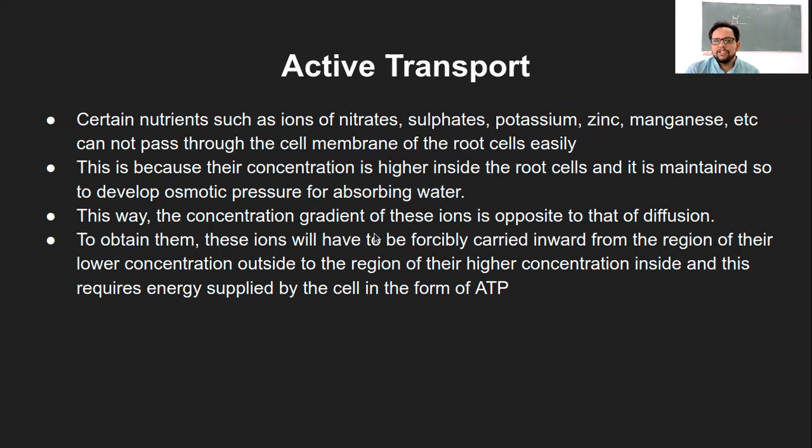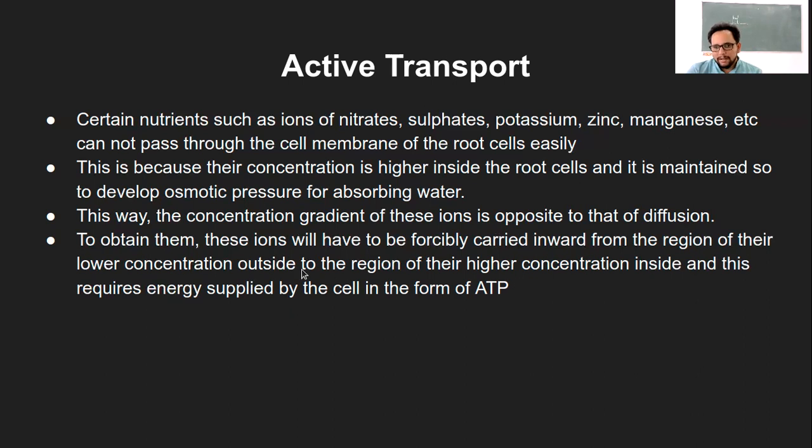This way, the concentration gradient of these ions is opposite to that of diffusion. That is quite obvious. If the soil has more minerals and the root has fewer minerals, then that would be diffusion. But if the soil has fewer minerals and the root has more minerals, then it is active transport with the help of energy.